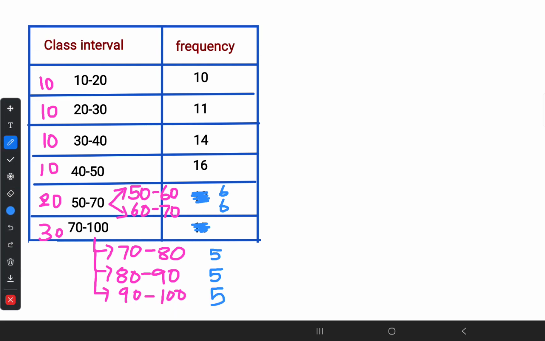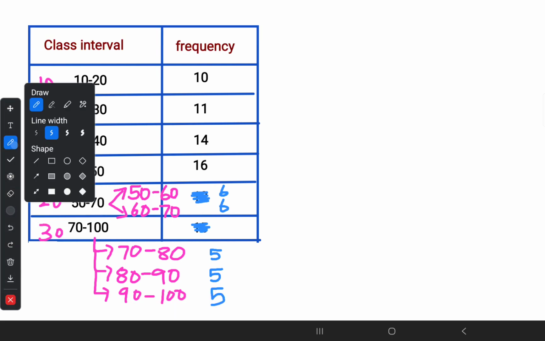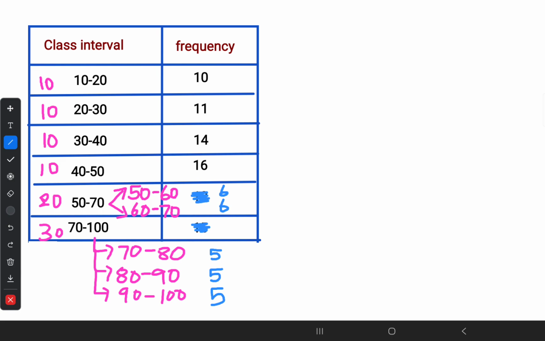And while drawing the histogram also, you have to be concerned about one important thing. Starting from 10 to 100, we have to draw the histogram. This is not starting from 0 now. So here you should have a small ECG shape.